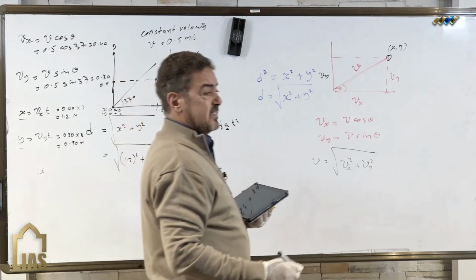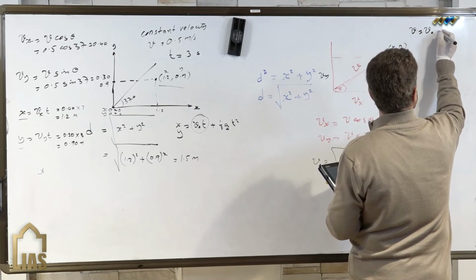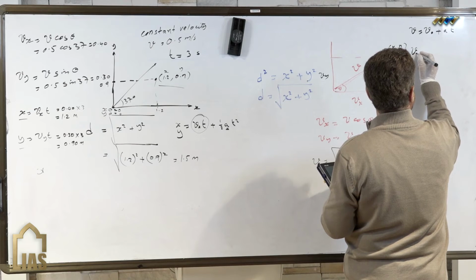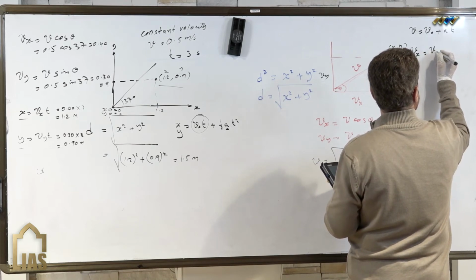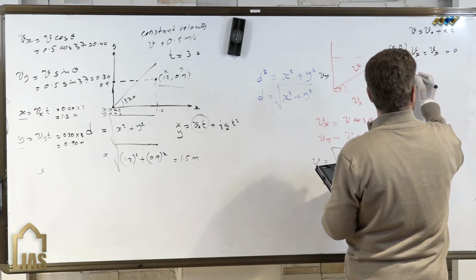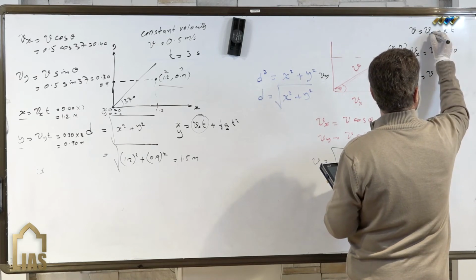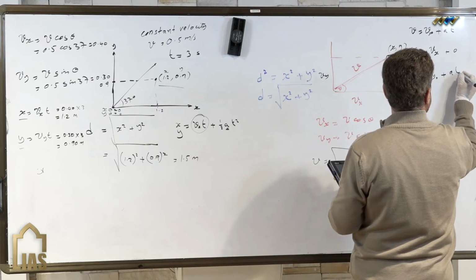We applied the first law here. V is equal to V0 plus At. And we find Vx is equal to Vx0 plus 0. But Vy is equal to Vy0 plus At.